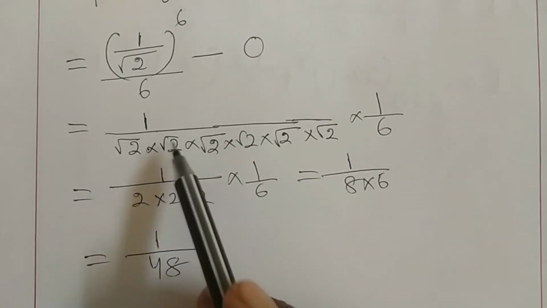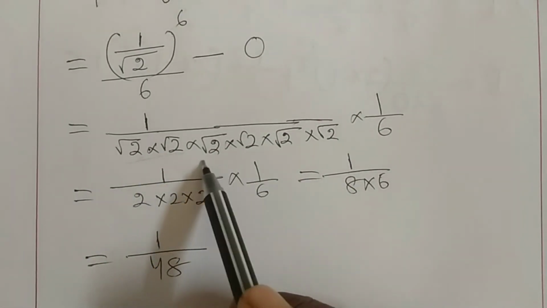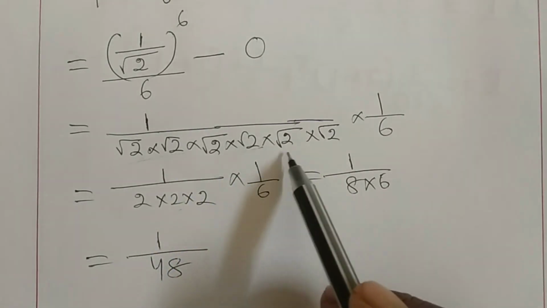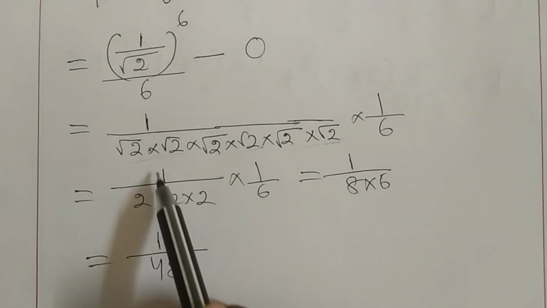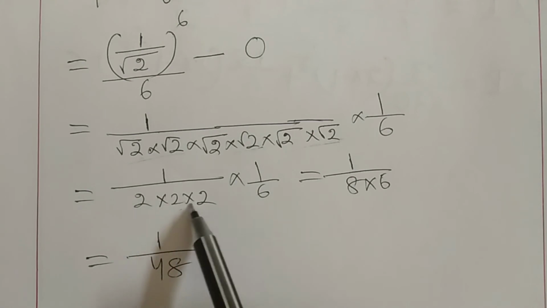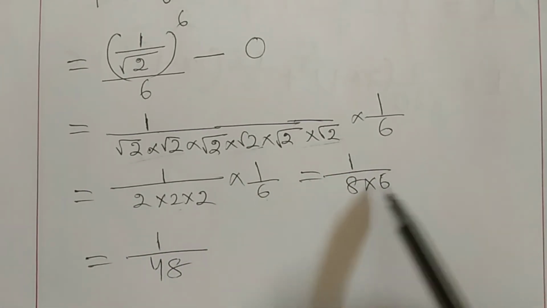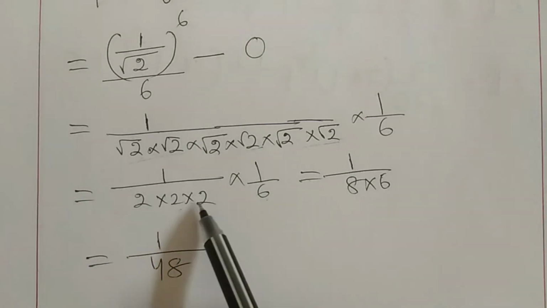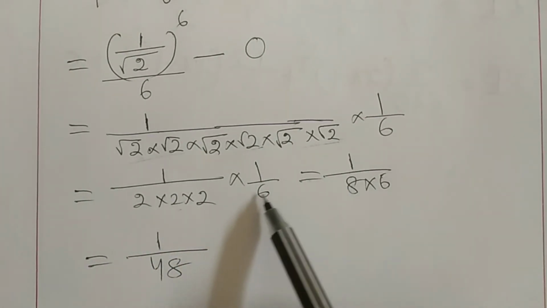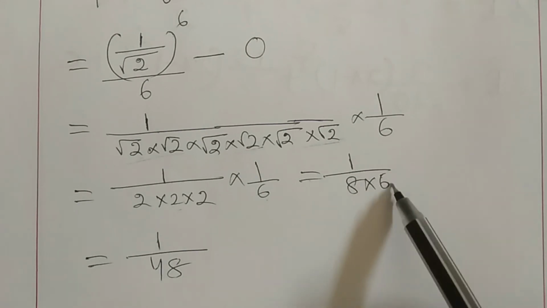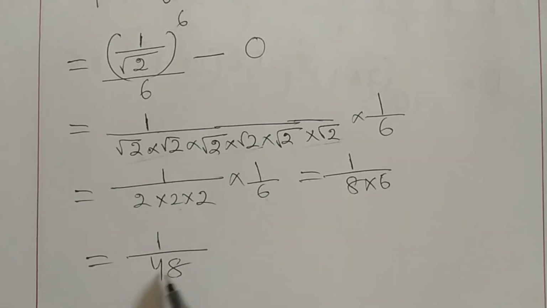Root 2 into root 2 is 2, again root 2 into root 2 is 2, and again root 2 into root 2 is 2. So this is 1 by 2 into 2 into 2 into 1 by 6, that is 1 by 8 into 6, which is equal to 1 by 48.